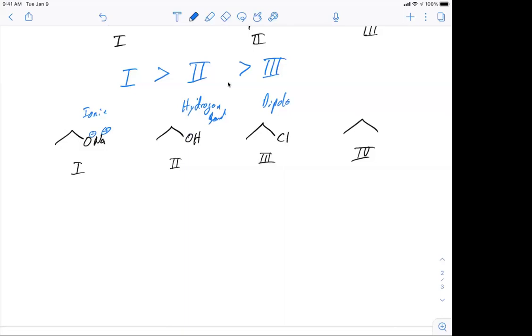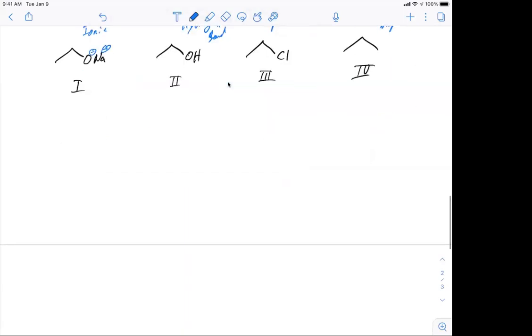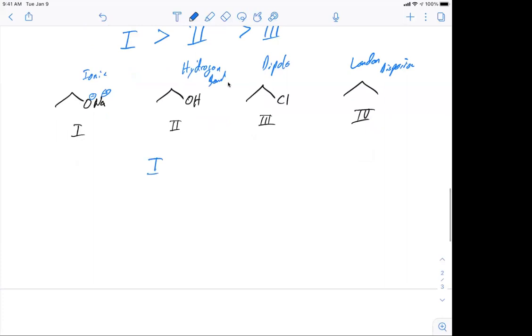And we have van der Waals or London dispersion forces created by instantaneous dipoles. So this one's pretty straightforward. The ionic is going to be much stronger than the hydrogen bonding, which is going to be stronger than the dipole, which is going to be stronger than the van der Waals, or London dispersion.